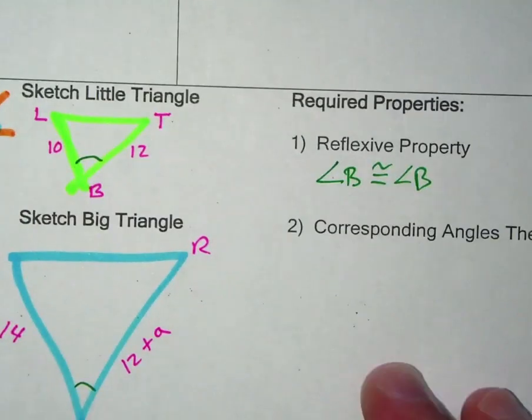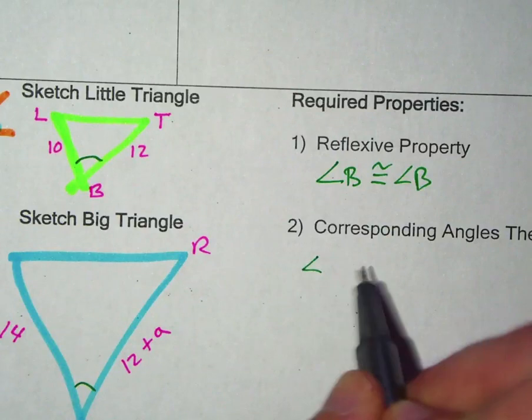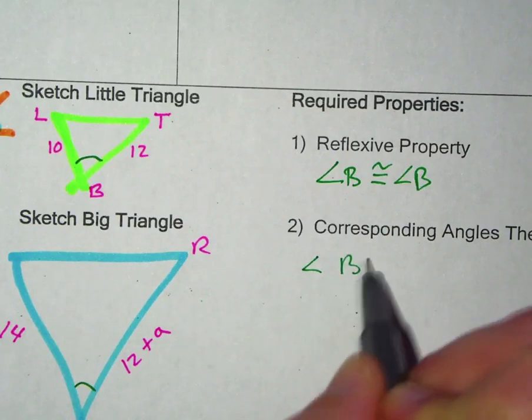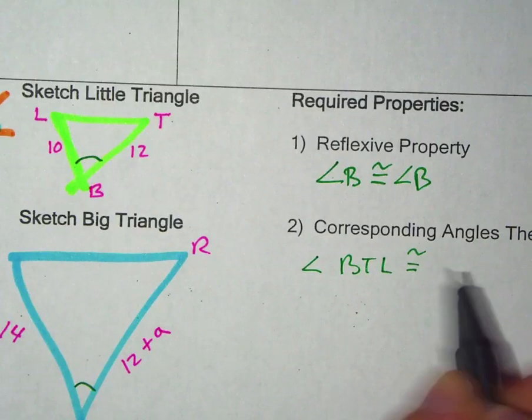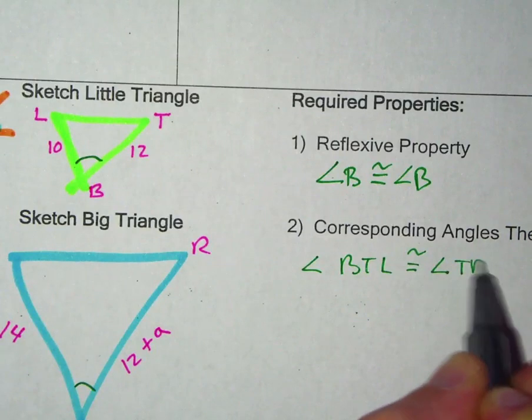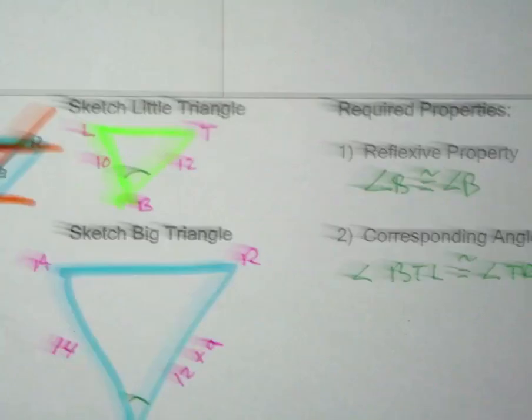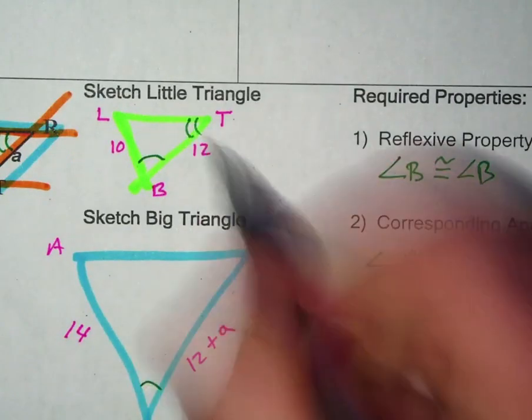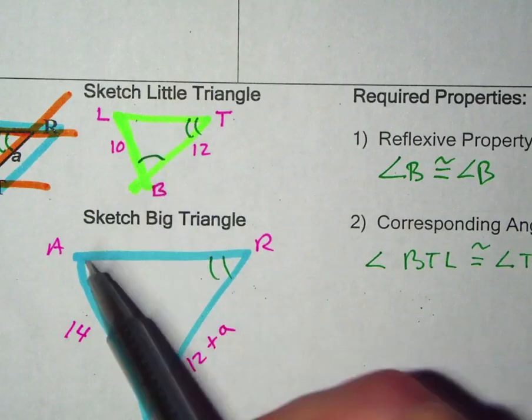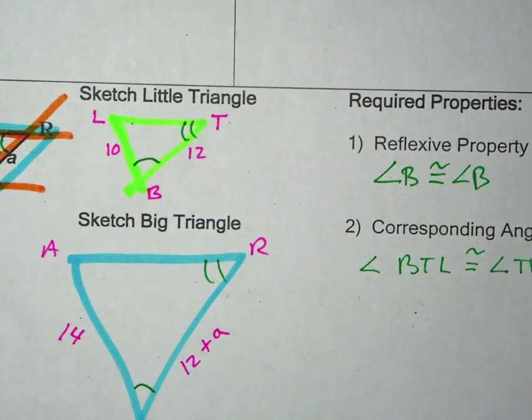So if I come over here, I can say angle BTL is congruent to angle TRA by the corresponding angles theorem. And so that allows me in my diagram to say these are congruent. I could also do the same thing over here for angles L and A, their corresponding angles, and they're congruent when the lines are parallel, but I don't need to because I just need 2.